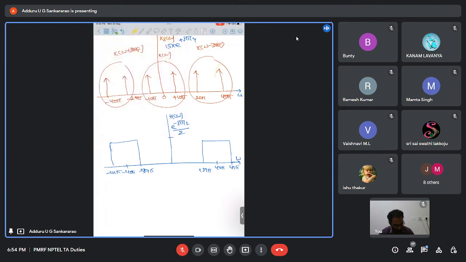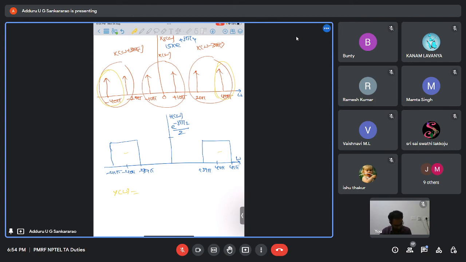So only these two impulses, at 40 pi and minus 40 pi, will be allowed by this filter where the gain is non-zero, and all the others will be suppressed because there the gain is 0, right? Only those impulses will go out of the filter. So we can get Y of omega, something like this.